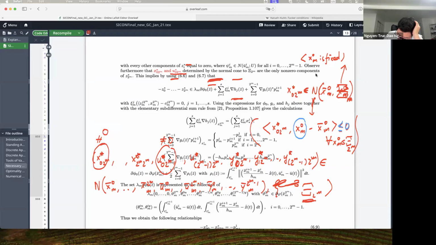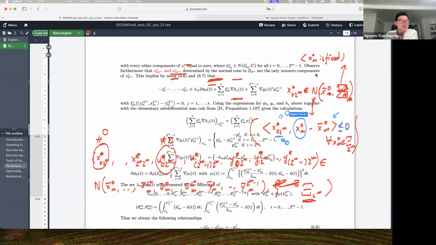So if you want to make sure that this constraint is satisfied, this one must be non-zero here, and it should satisfy this inequality. If this one is zero, then it's obviously equal to zero.